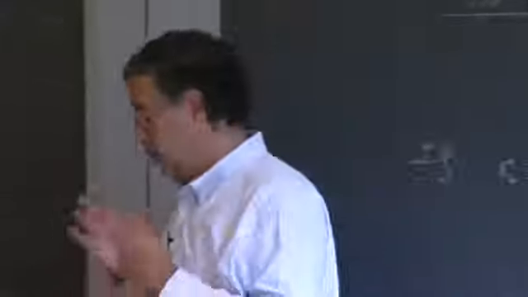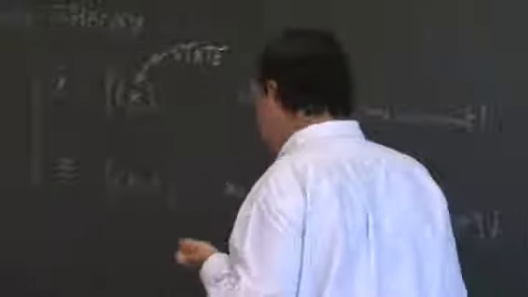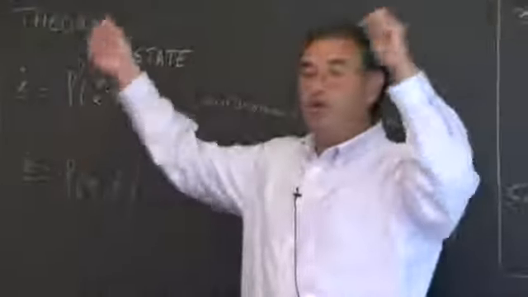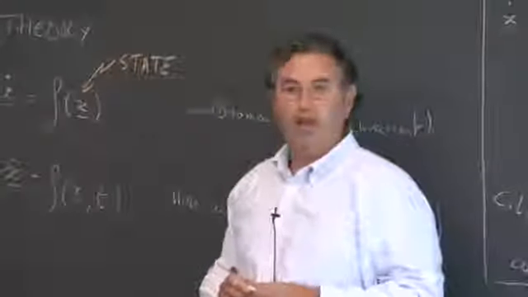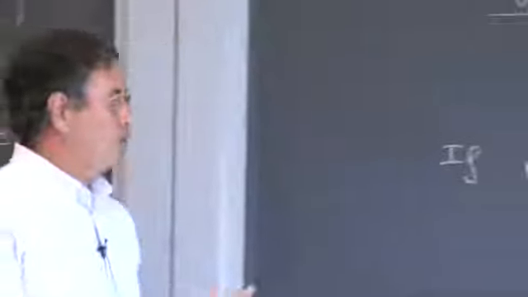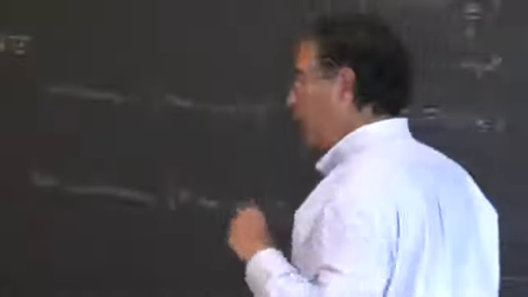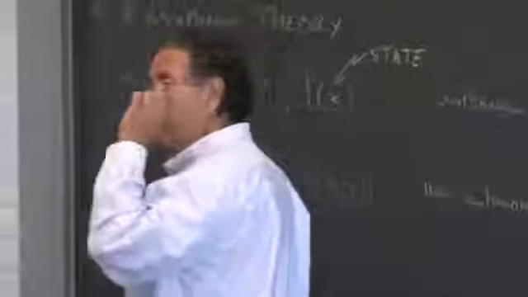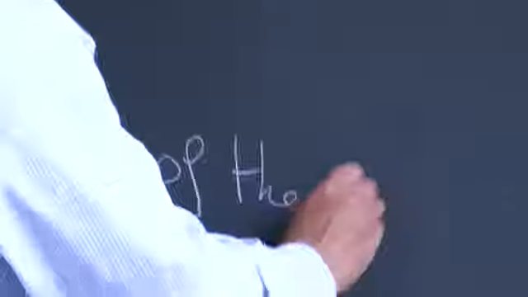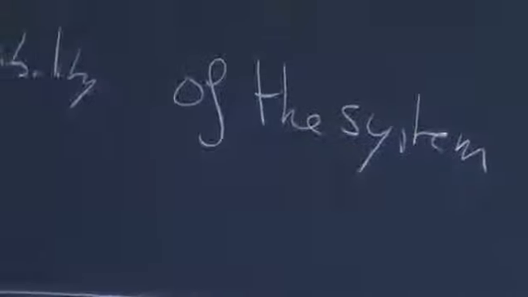So if it's true that not only can you bound the system arbitrarily as in just stability, but also starting anywhere, you end up at 0, then you can talk about global asymptotic stability. And in this case, we can actually say, if we want, that the system is globally asymptotically stable.